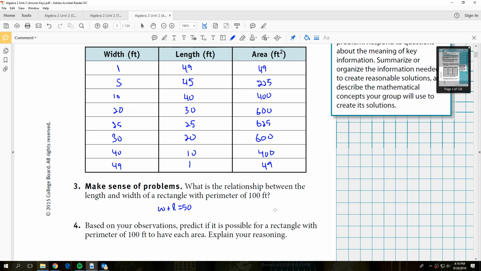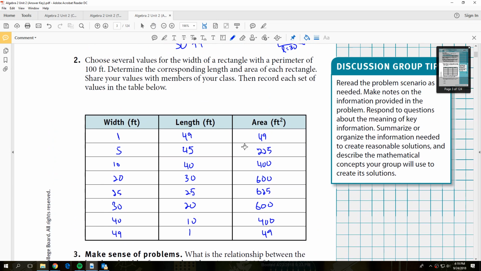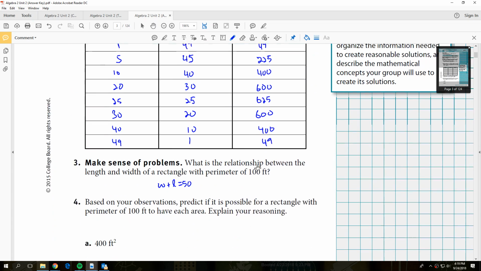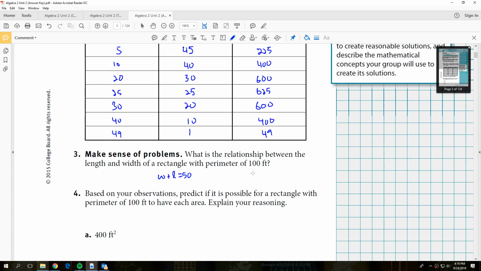Well, as in our little drawing up here, we have 2 times the width, and 2 times the length, and we have 100 feet total. So it's 2 times the width plus 2 times the length is equal to 100. And notice all of these are divisible by 2. Then you would get back to just W plus L is equal to 50. That's how we got that.